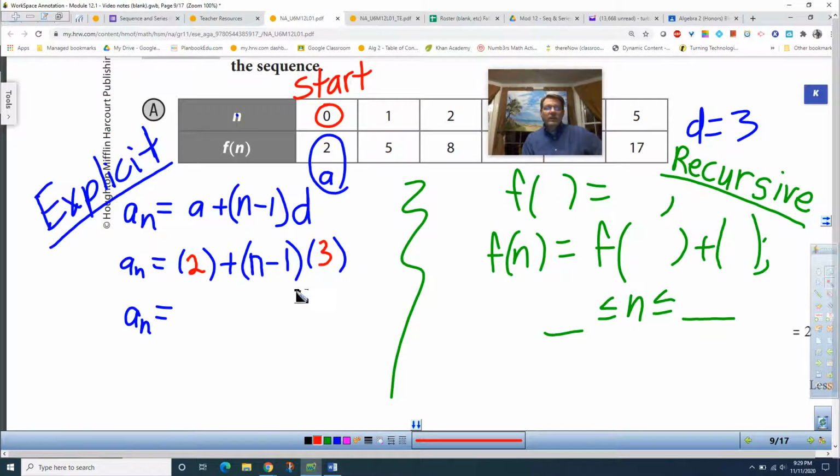Then we clean this up. That gives me 2 plus 3n minus 3. 2 minus 3 gives me negative 1. So A sub n equals 3n minus 1.